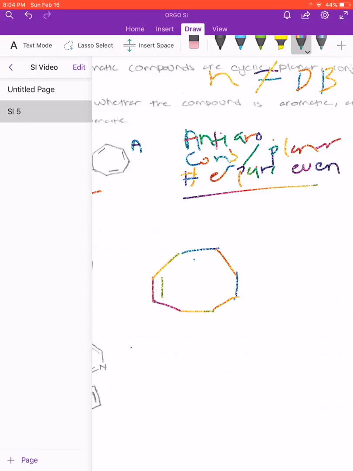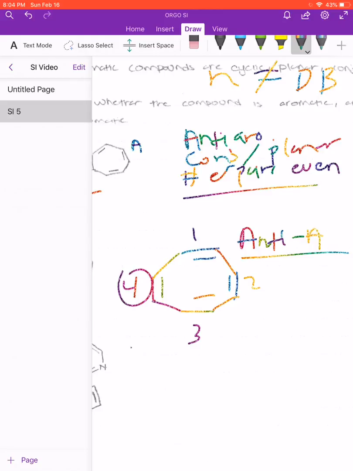And we had drawn it with 4 electron pairs. So this molecule is actually conjugated. This molecule is planar. But this molecule has an even number of electron pairs. 1, 2, 3, 4. 4 is an even number, which means this molecule is anti-aromatic, right?